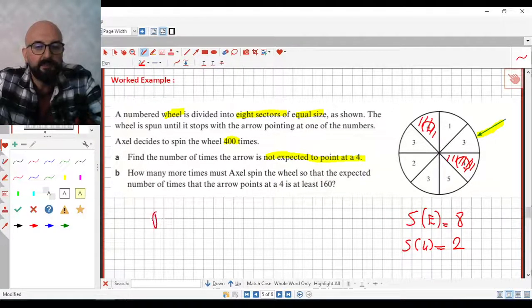So the probability of obtaining a 4 is 2 over 8, which is 1 over 4.